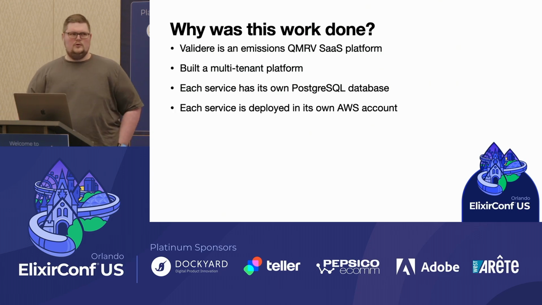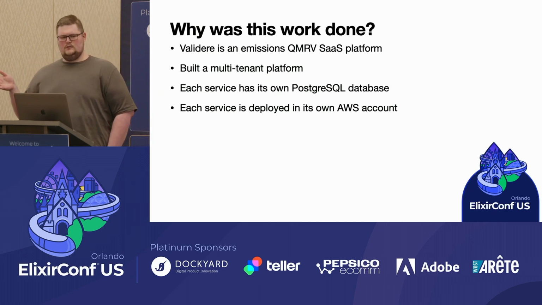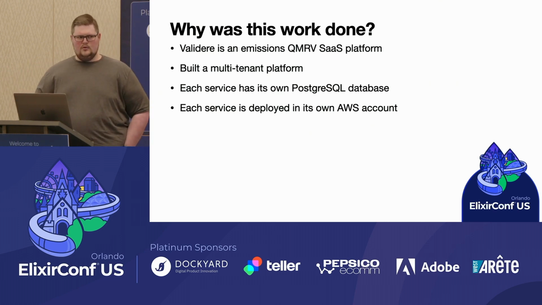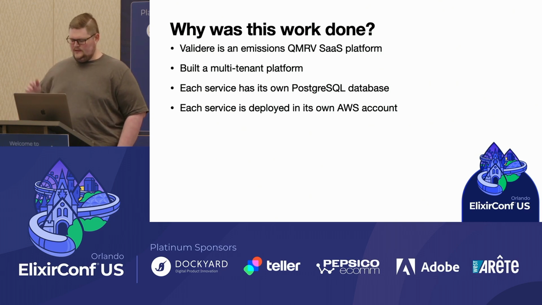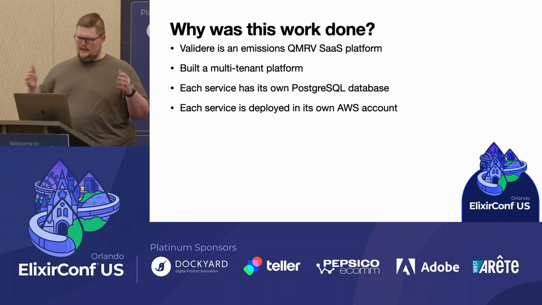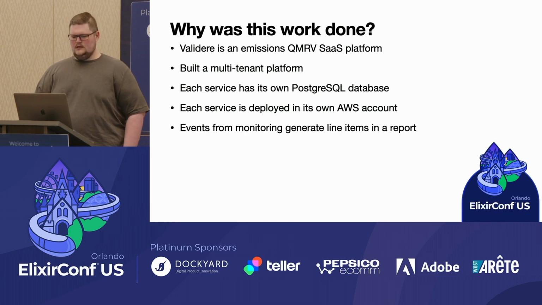Also, each of those services is deployed in its own AWS account. It's not super important, it'll come up later, but we had to jump through a lot of hoops before AWS RAM came out in order to make sure that we weren't getting charged for all kinds of extra network traffic.